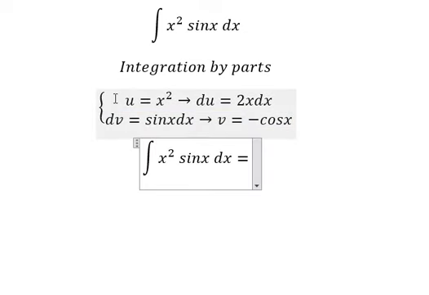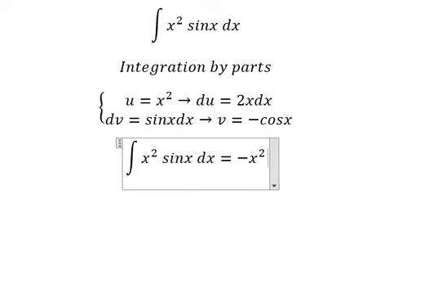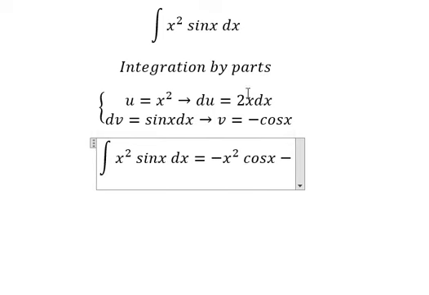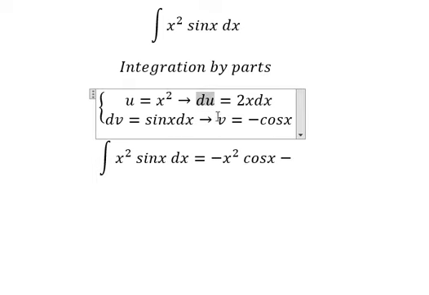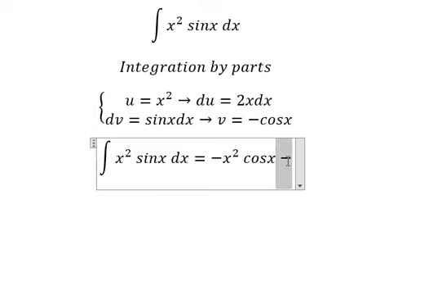So we have u multiplied by v minus the integral of v du. Because we have another negative sign here, negative with the negative, we have positive.